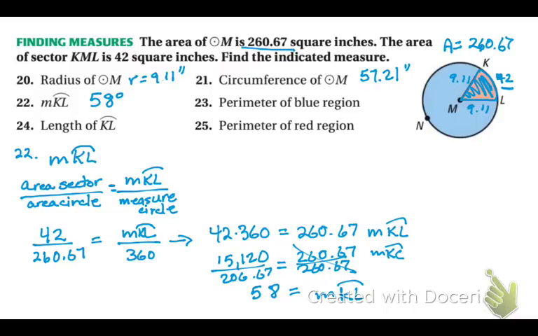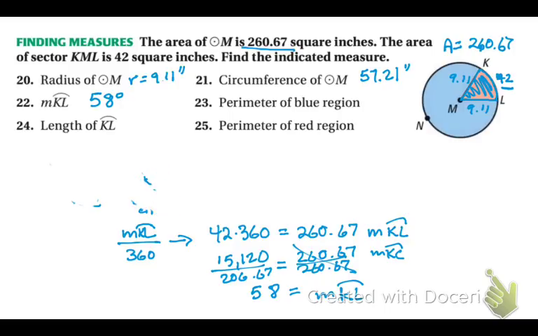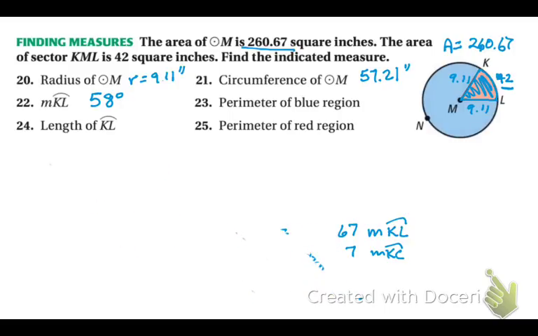So, let's look at number 23. Actually, I want to do 24 first, because I think it'd be easier, because then we can use that information. Okay, so let's look at number 24.